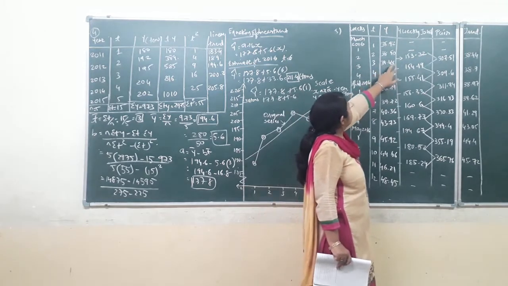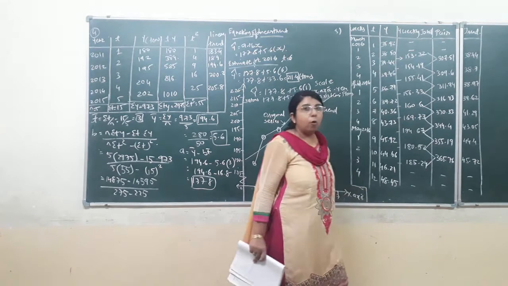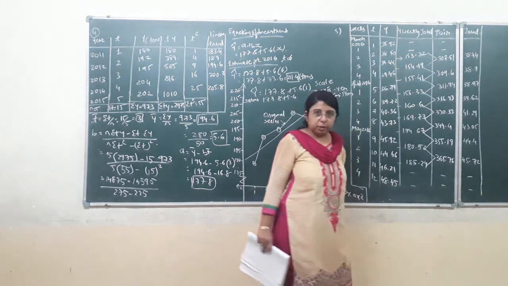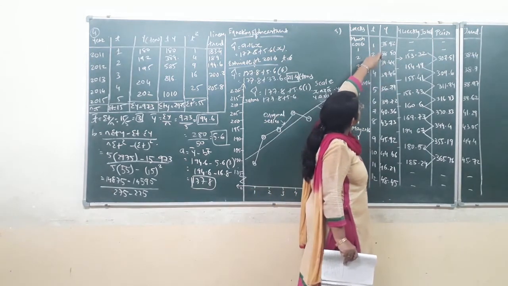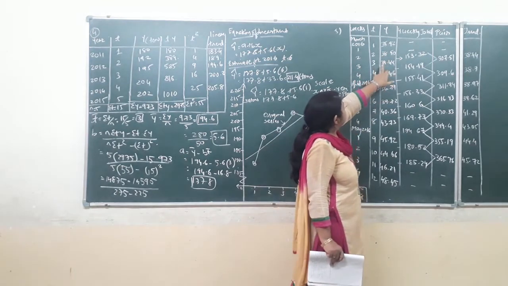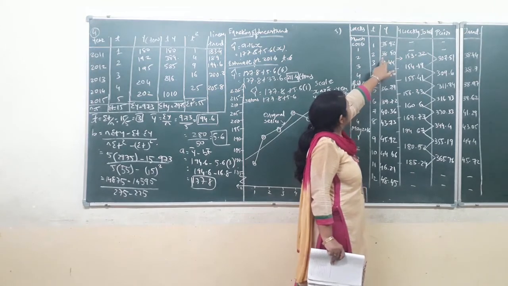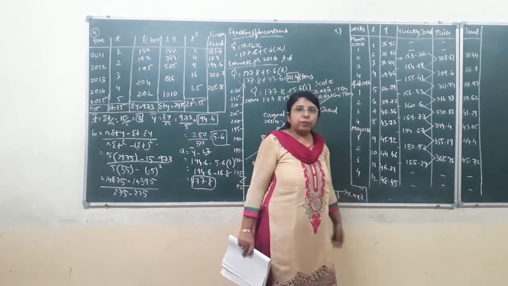Now you have to start your calculation in between the second and third value of Y, that is in between Y2 and Y3. Here I have done the total of the first 4 values of Y: Y1 plus Y2 plus Y3 plus Y4. It means 35.92 plus 38.5 plus 39.44 plus 39.46.